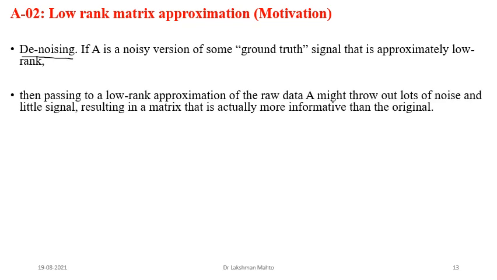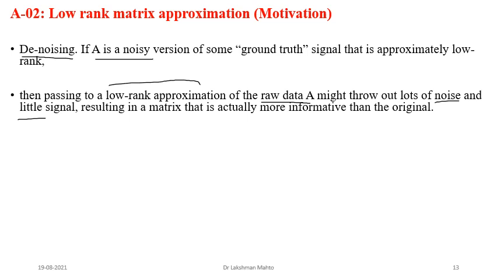So the same thing I told: we can approximate this noisy original signal by a Lorentz approximate matrix. We have to pass the raw matrix through this operation based on SVD, and it might throw out a lot of noise and a little signal.